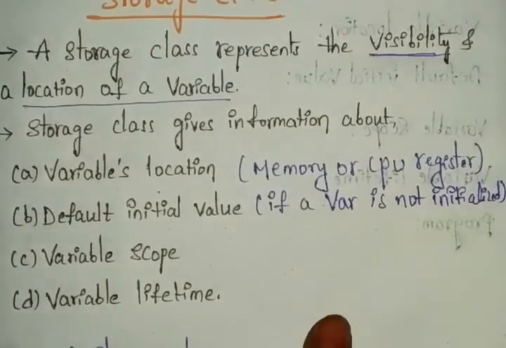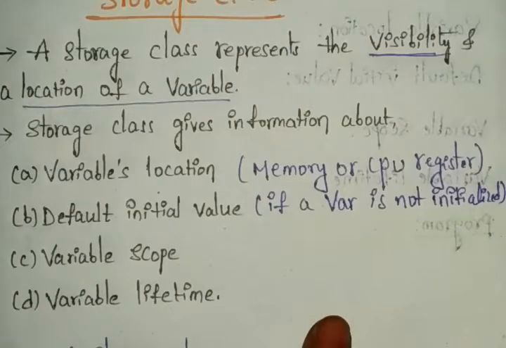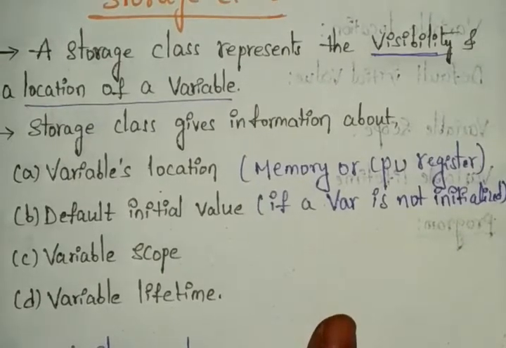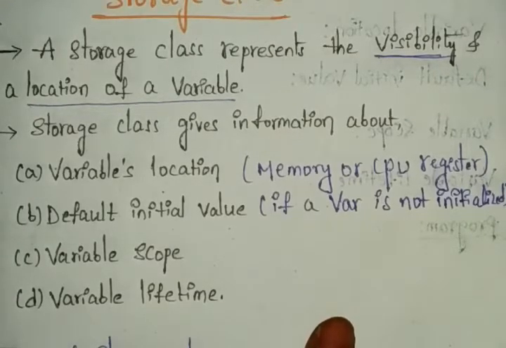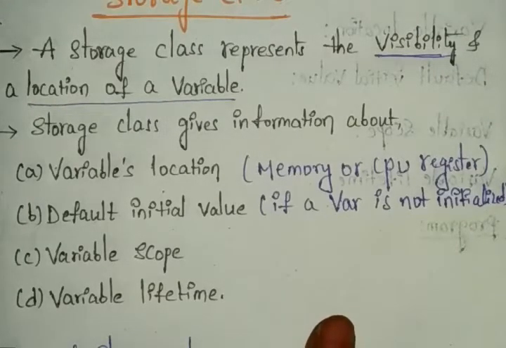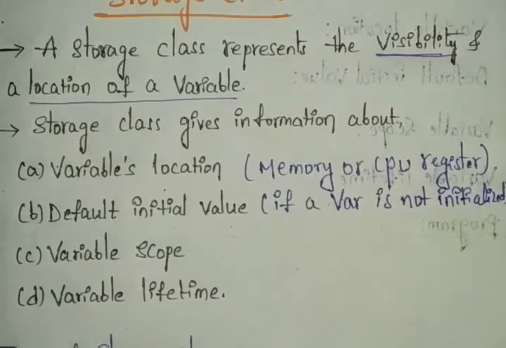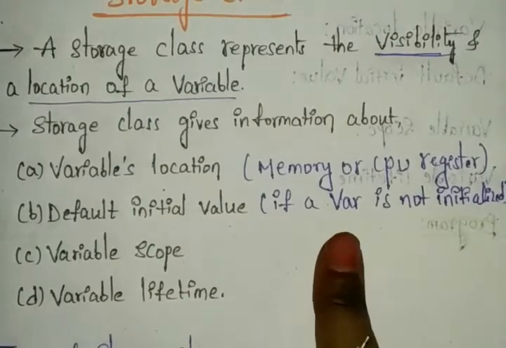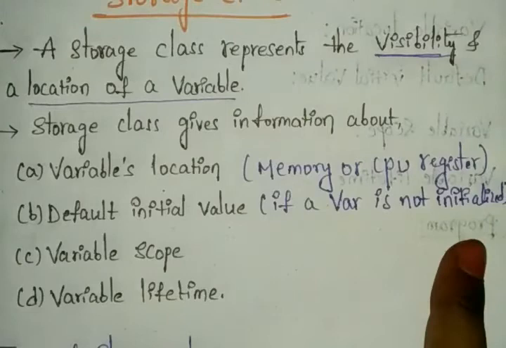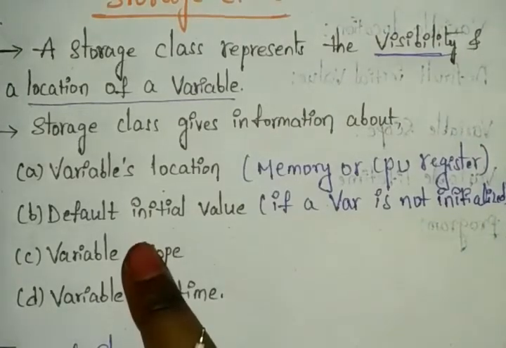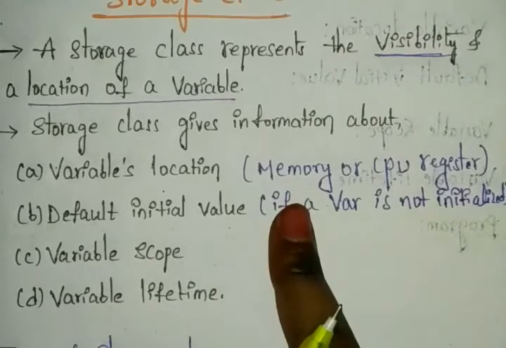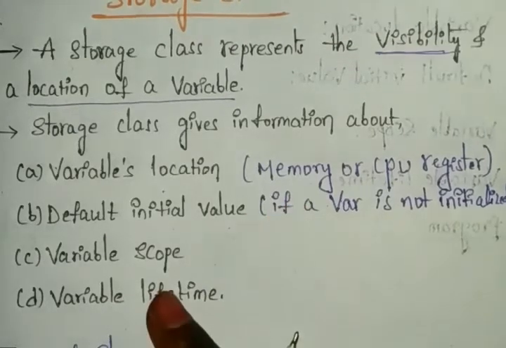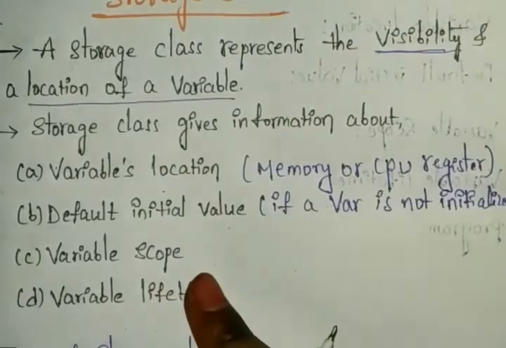Default means if the user has not written any initialization or data type, the default value comes into the program. So if the variable is not initialized, the default initial value is used by our storage classes. And next it has the variable scope.